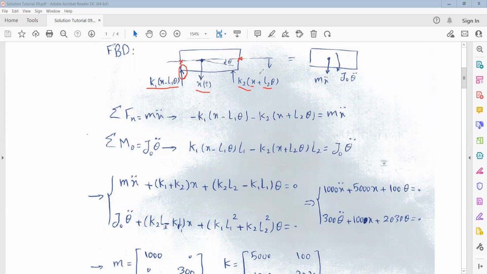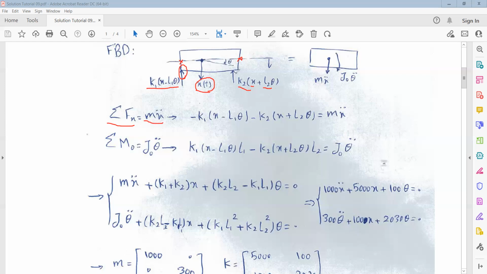Now we can write the moment equation and force equation for this mass, because we have x and theta. x is the displacement in the vertical direction, so we should write the force equation in the vertical direction. As you can see, the summation of the forces in the vertical direction must be equal to the mass times x double dot.